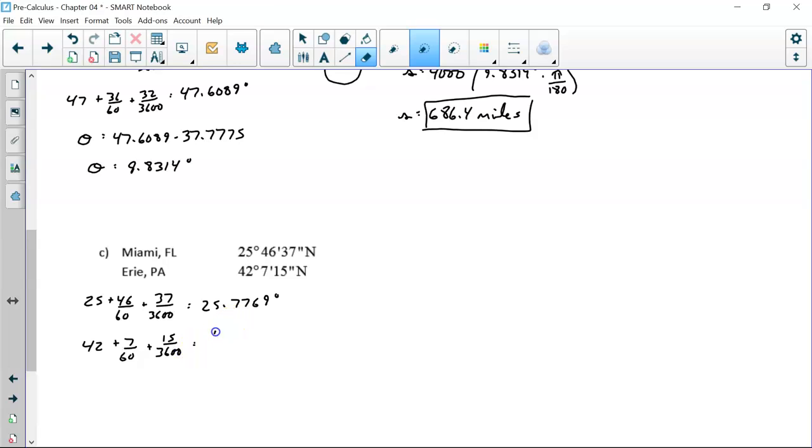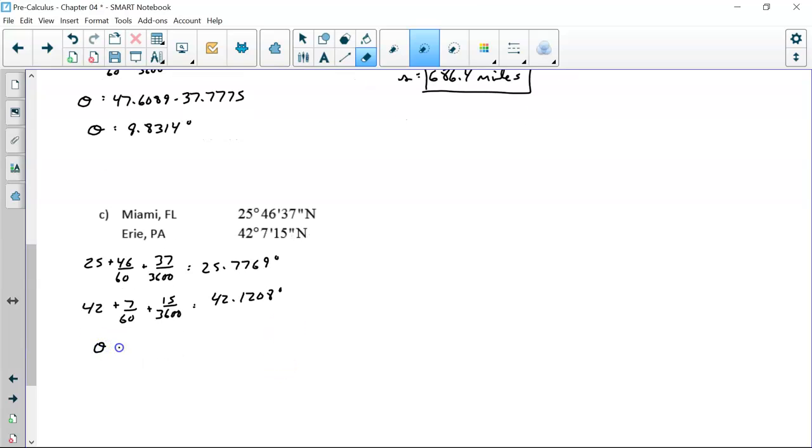And you're going to get about 42.1208 degrees. So the difference, theta, the bigger number, 42.1208, minus 25.7769, theta equals, and you're going to get about 16.3439.